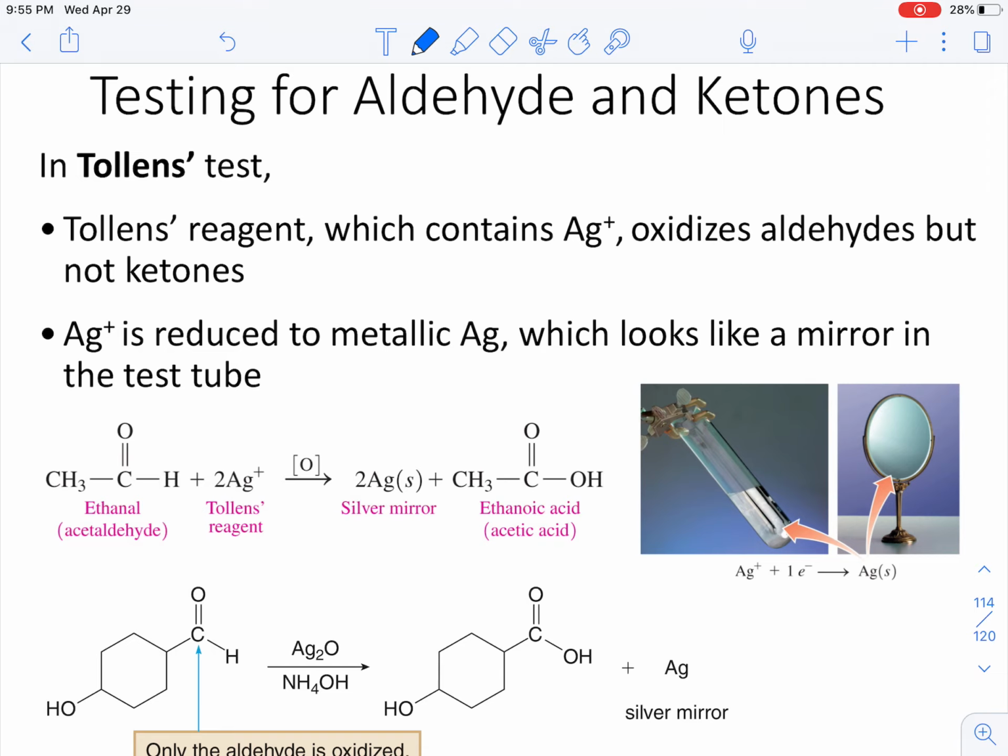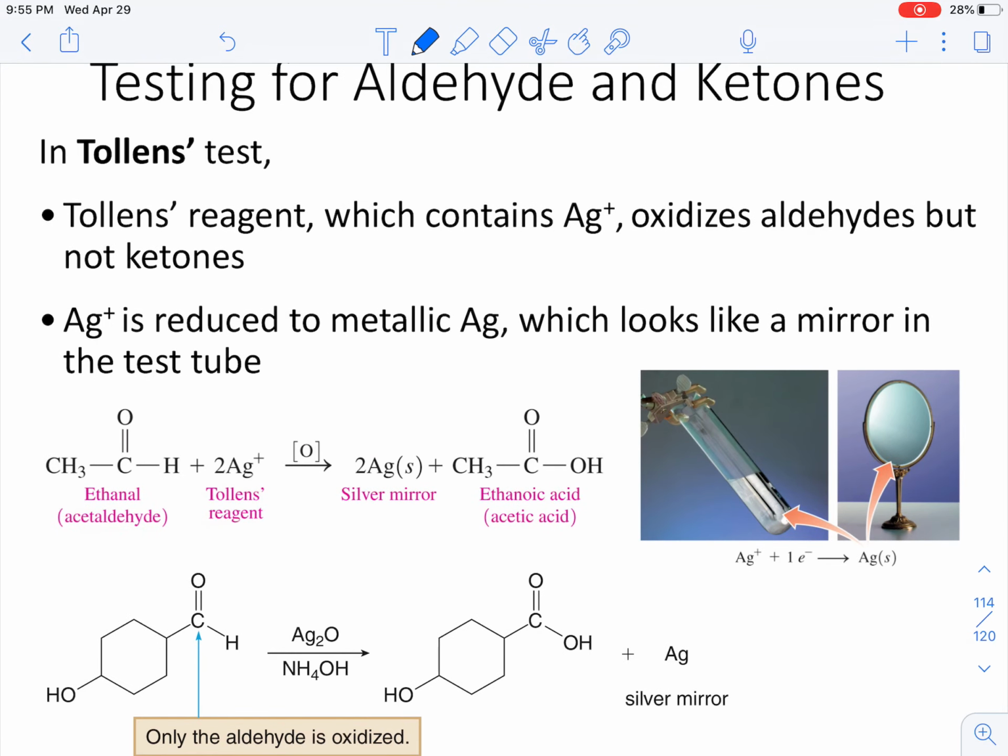And so one of these tests is called the Tollens test. This Tollens test is going to check for the presence of aldehydes. And so the main mechanism is that you have this aldehyde.